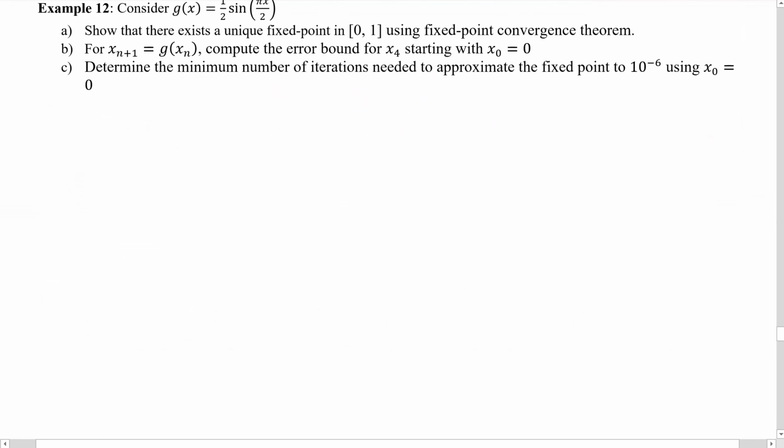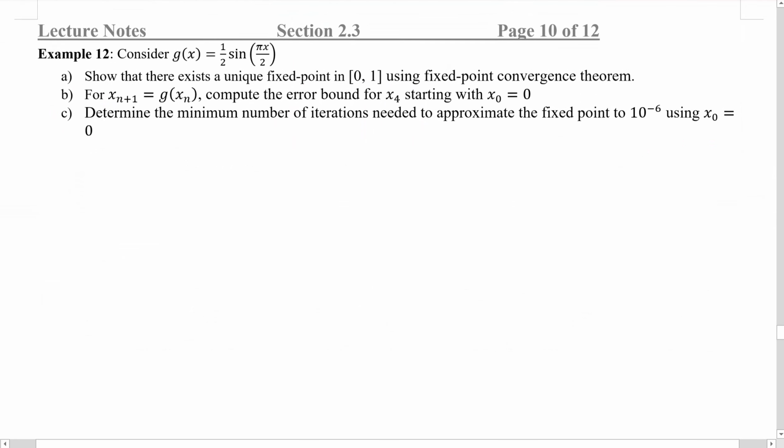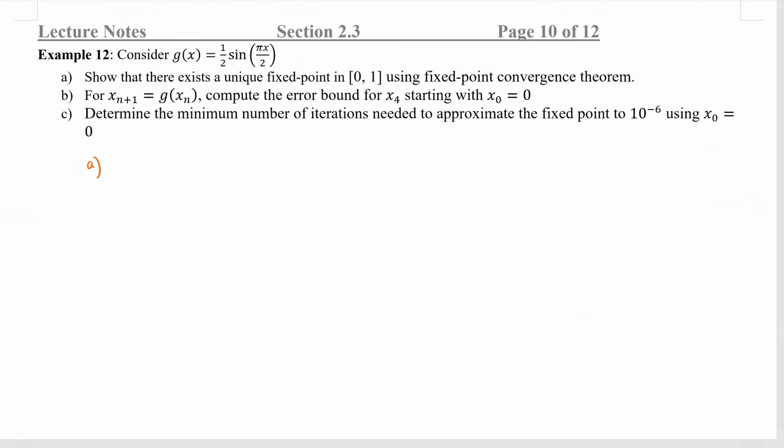Alright, so let's use the fixed point convergence theorem. So what do we need to check? Well, we want to check g maps [a, b] into itself. So the interval is [0, 1], right? And so if x is in [0, 1], then pi over 2 x is in [0, pi over 2], right?